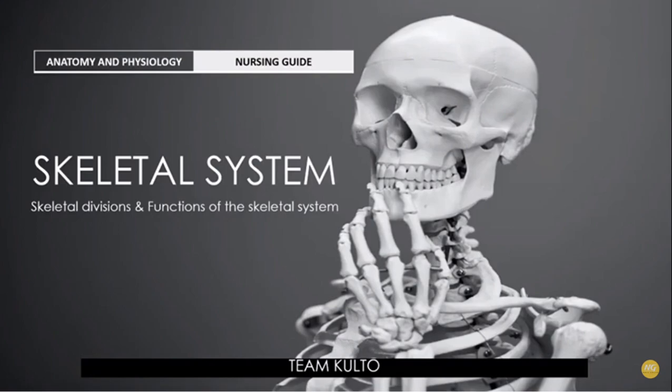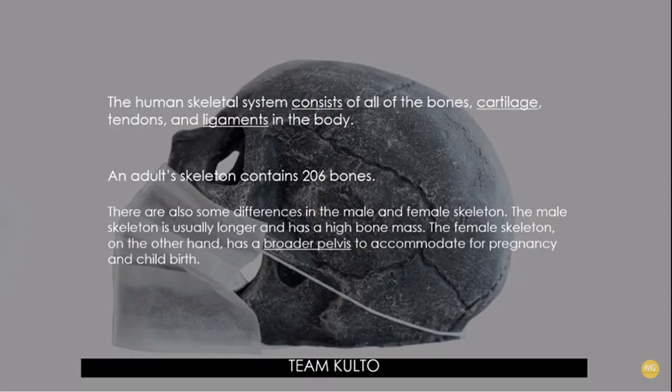So now, let's begin. What is the skeletal system? The human skeletal system consists of all the bones, cartilage, tendons, and ligaments in the body. Altogether, it makes up about 20% of a person's body weight.